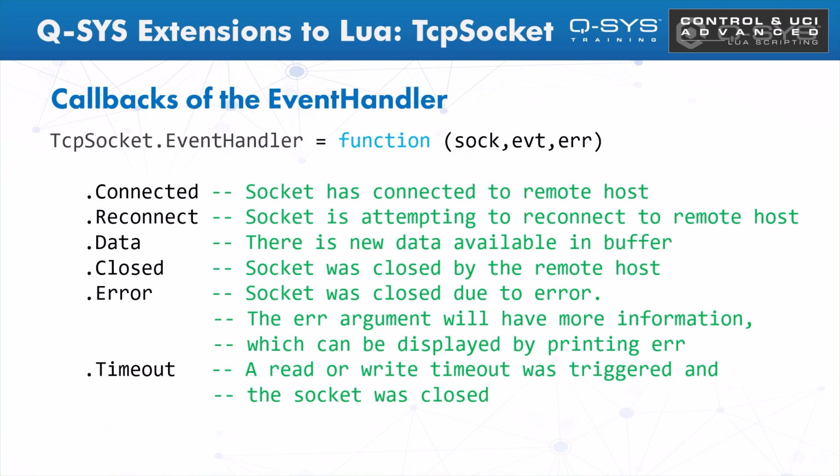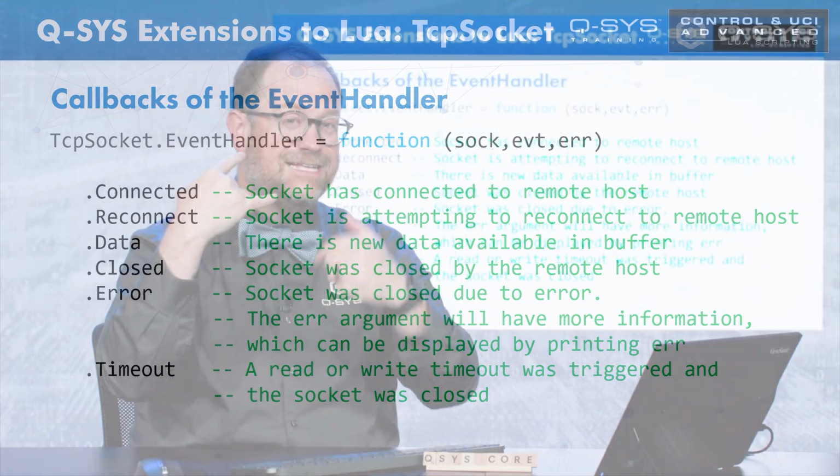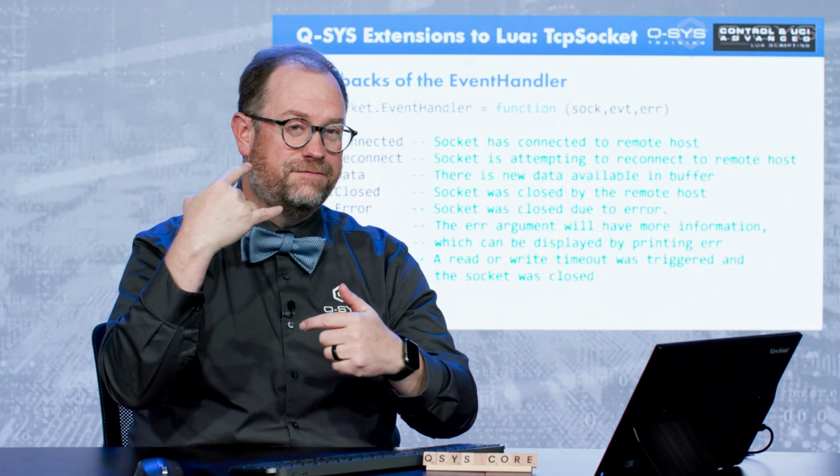And here it is again, because I'm quite sure that you have slept and forgotten. One of the events that can happen to the TCP socket is that it can be connected. And specifically what this means is that we picked up the phone and the other end answered. They also picked up the phone.